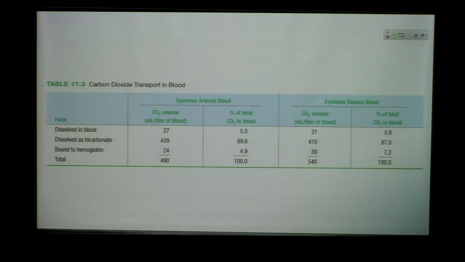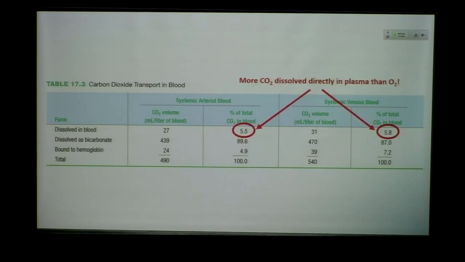Okay, so in this table, we're comparing the three mechanisms for circulating carbon dioxide. It can be dissolved in the blood to a lesser extent. It can be circulated as bicarbonate, and this is the reaction that is catalyzed by carbonic anhydrase, or it can be bound to hemoglobin, as we saw, again, to a lesser extent. What I really want to point out here is that there is more CO2 dissolved in our blood.